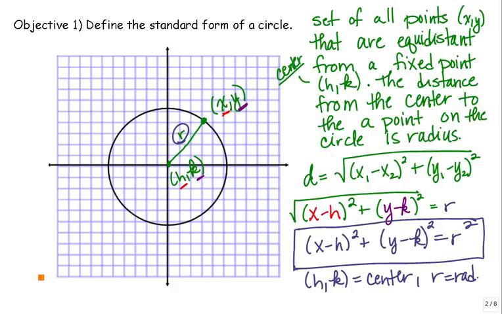So just to kind of keep that in mind, that the circle is an example of a relation that is not a function. Now, this form you need to have memorized, because from that you're going to be able to identify the center and radius. Given the center and radius, put it in the form so that you can get the equation. So you need to have a good, comfortable working knowledge of that formula.